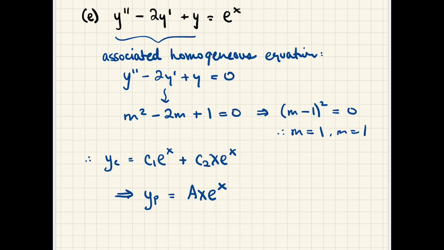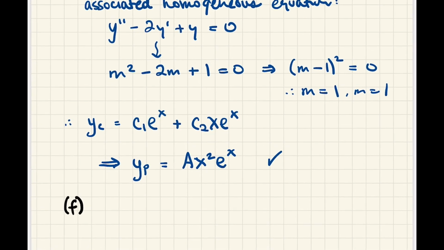How will we ever make it through this problem? Of course, I'm not a good actor, but there we are. Ax squared e to the x is exactly the guy that we need. That's going to work. So just keep introducing, like I said earlier, higher powers of x so that you're not duplicating any of the terms from the complementary solution.